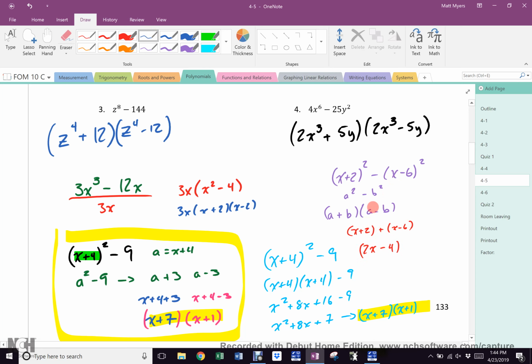Then I got to do A minus B, which is X plus 2 minus X minus 6. What's X minus X? 0. What is 2 minus minus 6? 8. And that is almost completely done.